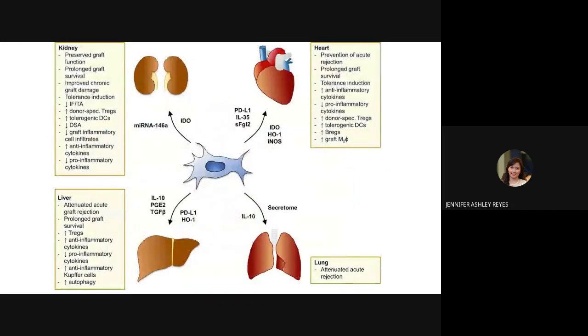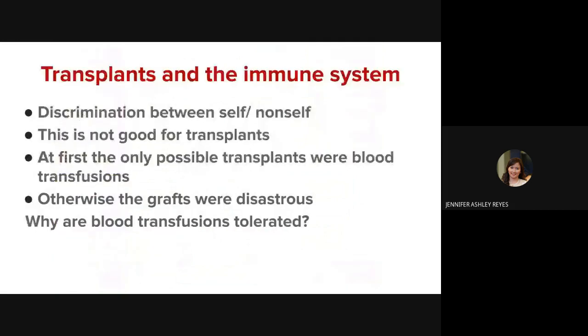Okay. So these are examples of different minor types of solid organs. So transplantation and the immune system, ang aim natin, hinayan or i-lesser ang degree of the ability of our body to discriminate between self and non-self because it will destroy grafts.